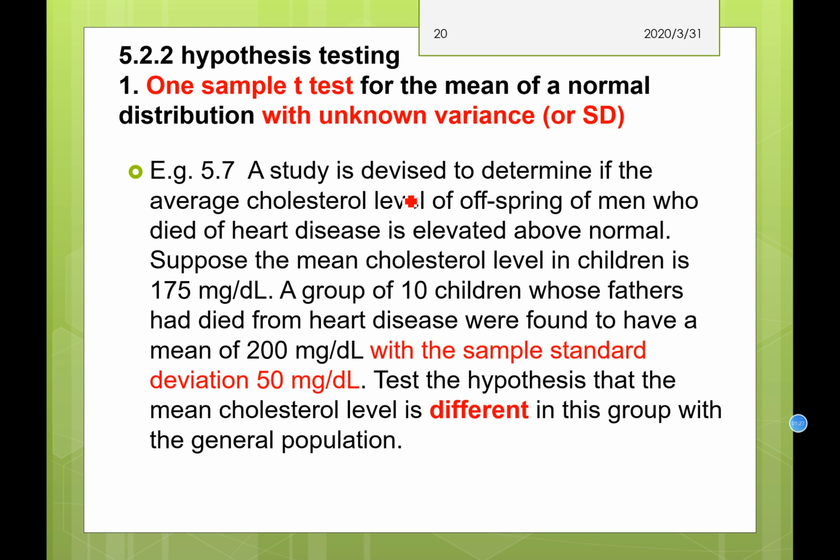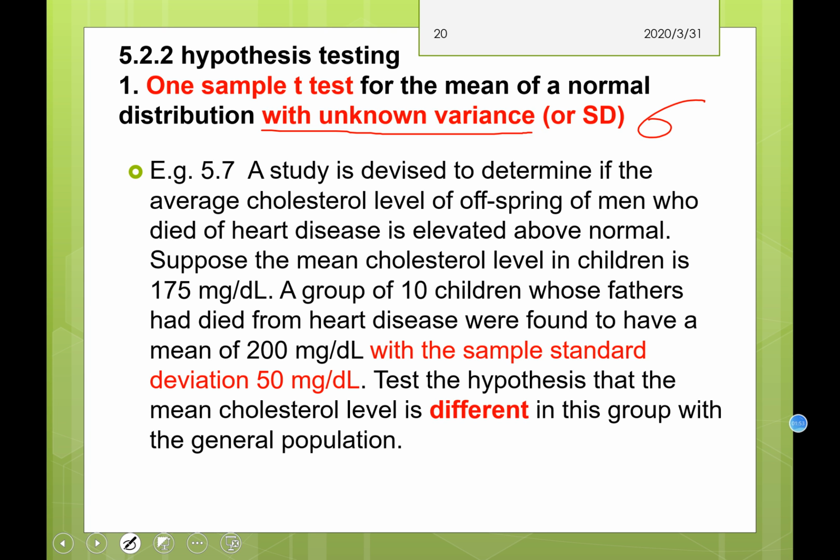And we find that one sample t-test is used for also a normal distribution, but this one is different, with unknown variance or standard deviation. So that means sigma is not given.